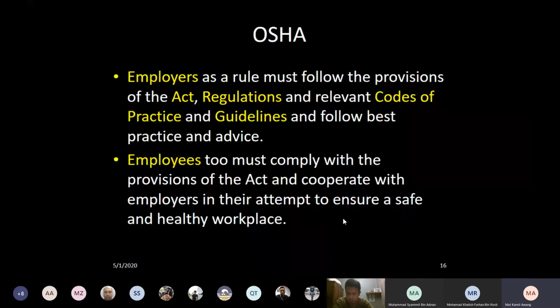Whereas the employees too must comply with the provisions of the act and cooperate with the employers in their attempt to ensure a safe and healthy workplace. So both employers and employees have their own roles to play with regards to OSHA.